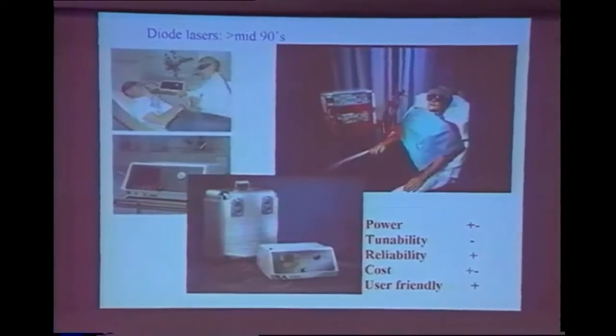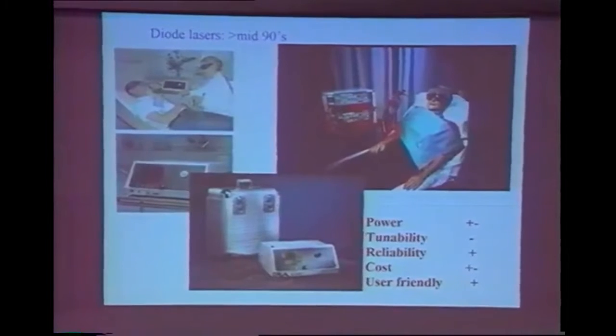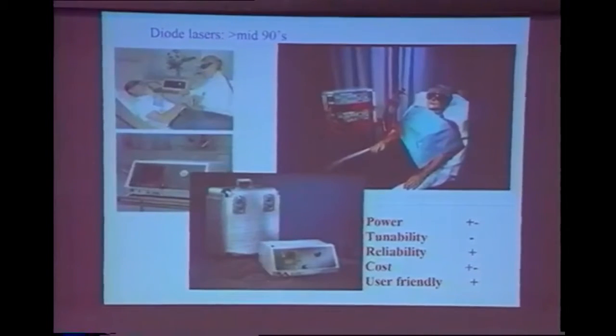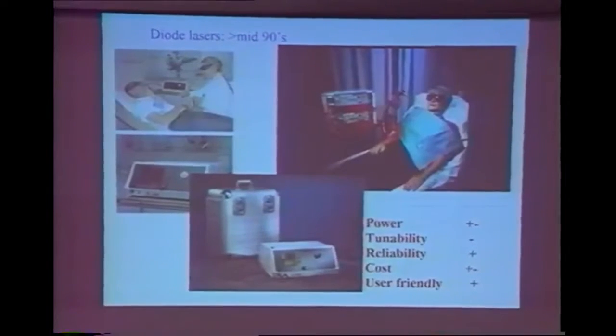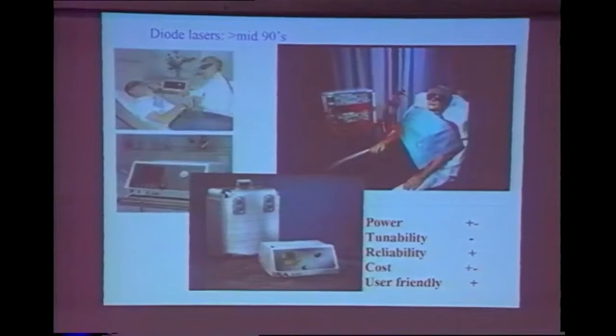This is about $50,000. So if you need one of these for each photosensitizer, then this becomes expensive again. So that's a disadvantage. Very user-friendly and very reliable. So these are really the state of the art at the present time for laser-based PDT.